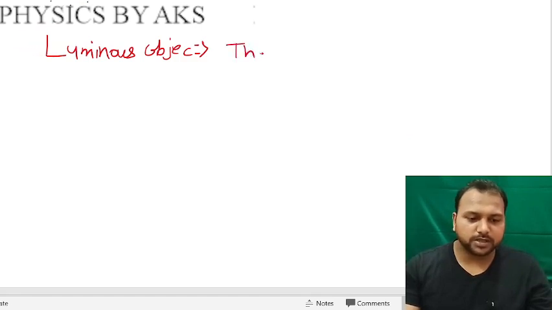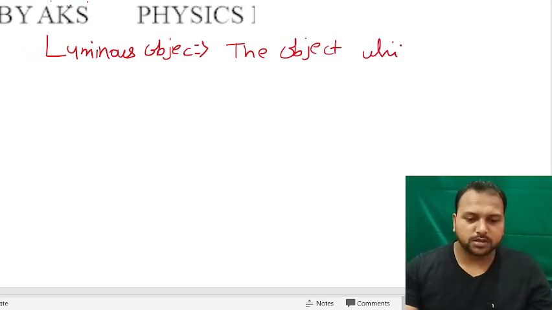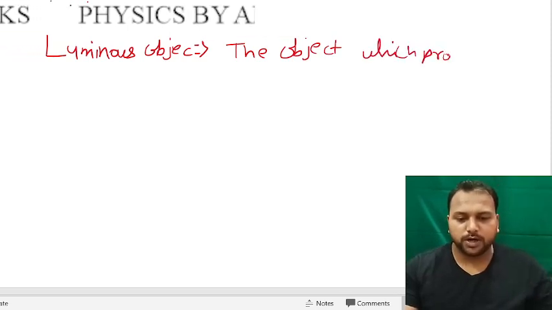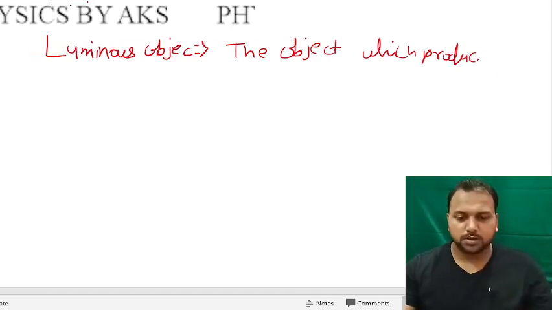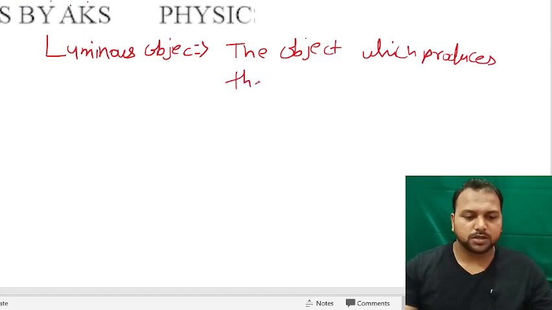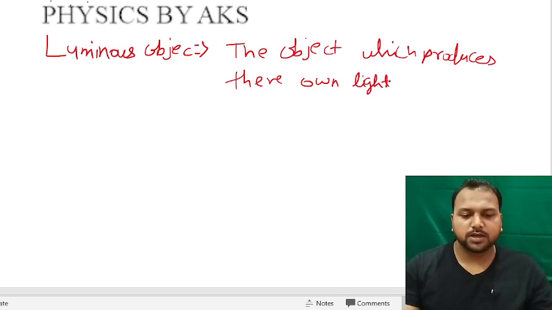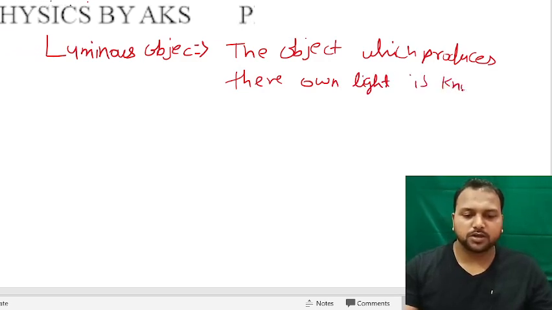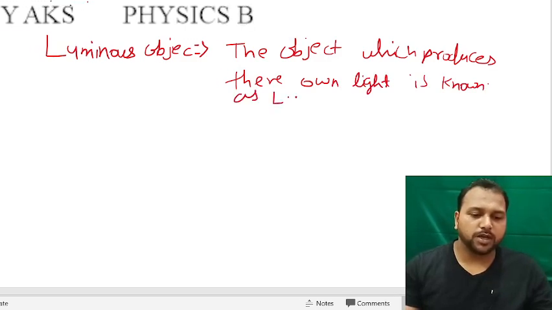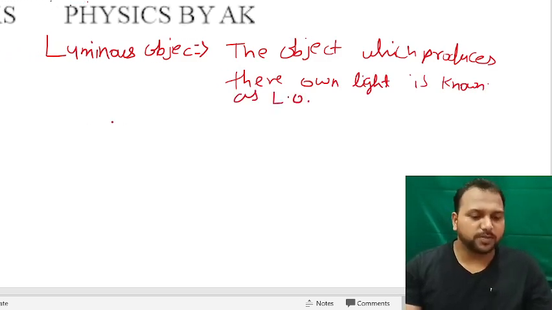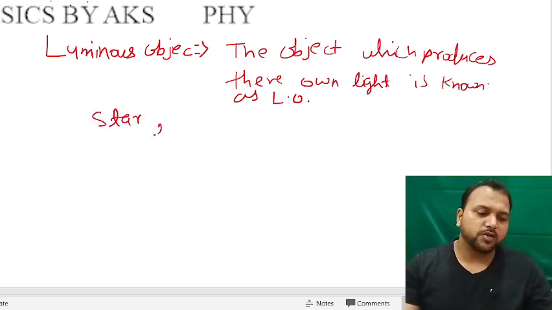The object which produces its own light is known as a luminous object. For example, you can see the stars in the sky, you can see the sun.